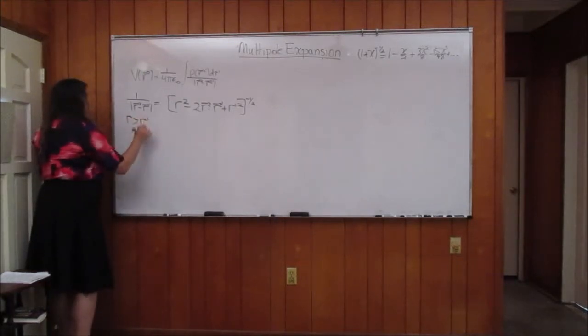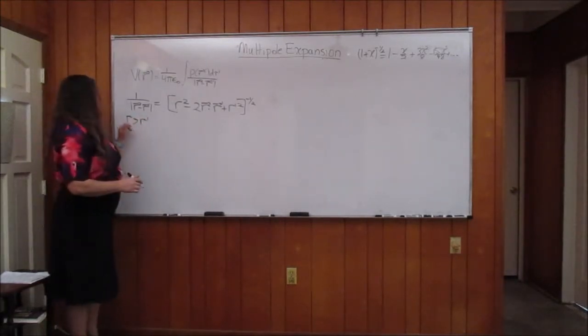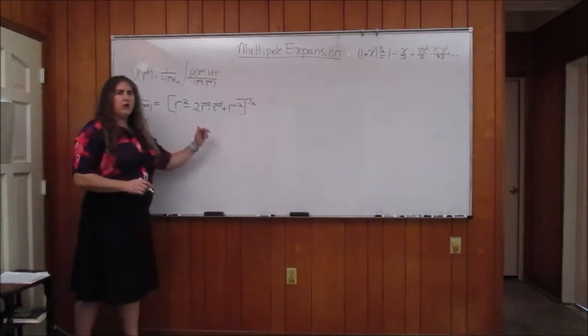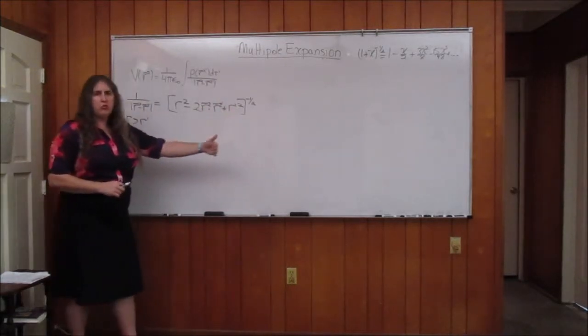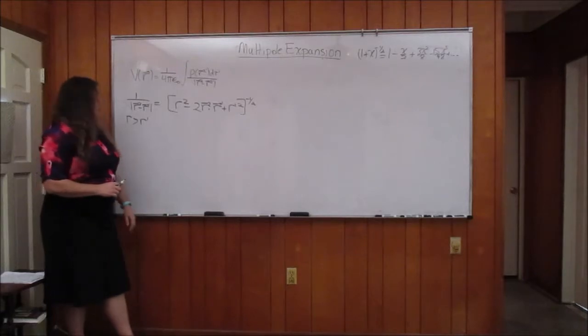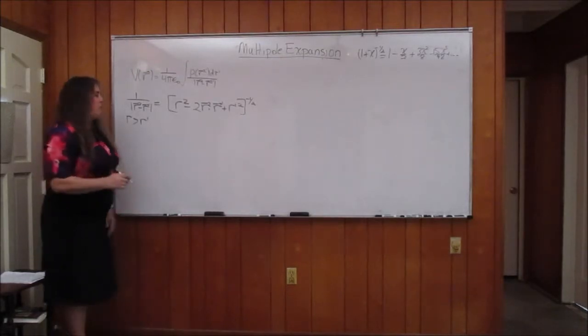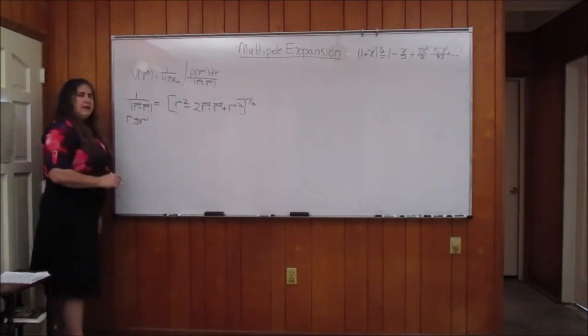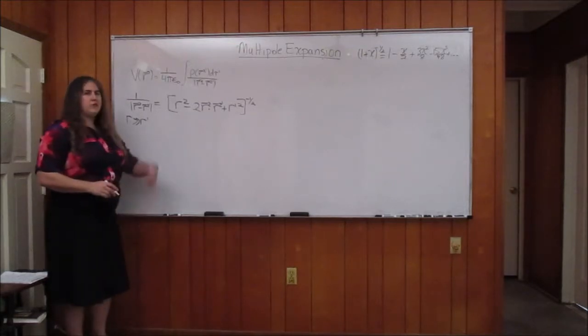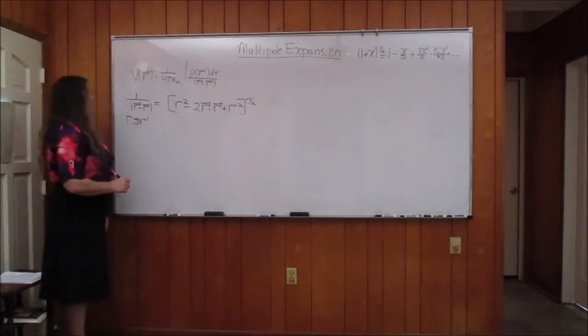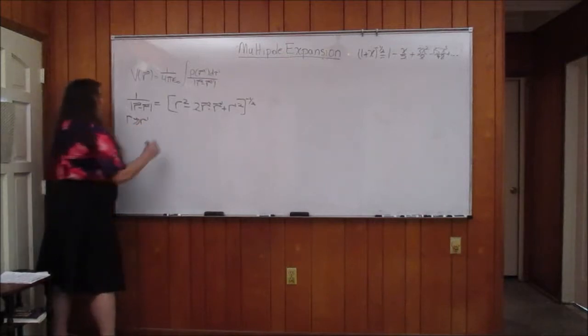Our goal is to find an expansion for when r is greater than r prime. So in other words, the observation point is outside of the charge distribution. In fact, we really are interested in solutions that are well outside the charge distribution. So r is definitely bigger than r prime.